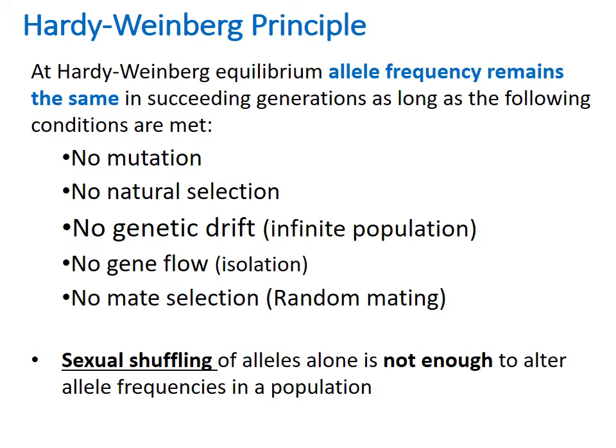Which makes sense, right? If you shuffle a deck of cards, you're not changing the number of cards, you're just changing the order they're in, but you haven't taken out any cards or added any in. So sexual shuffling of alleles alone is not enough to alter the allele frequencies in a population.